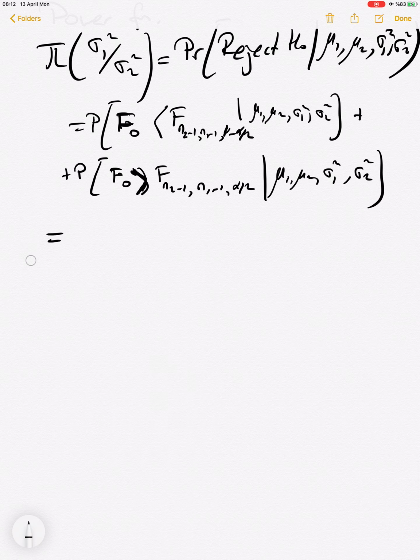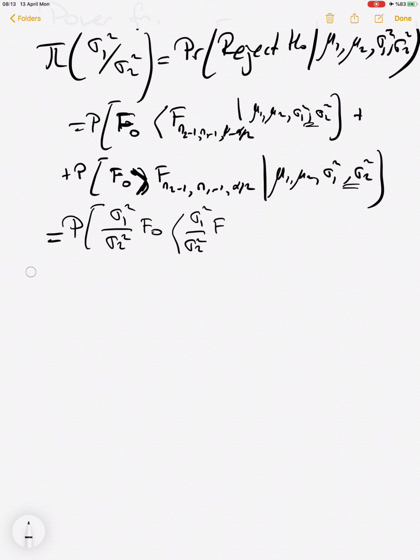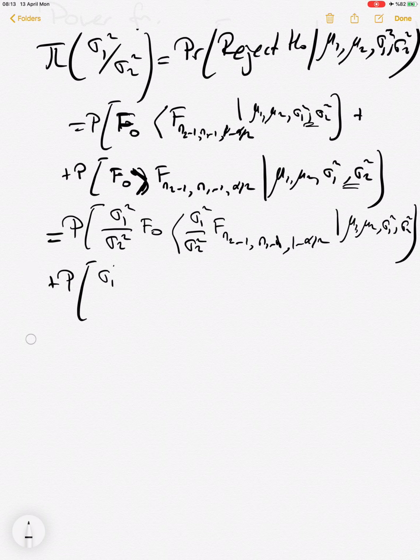Now what we have to do is write our true sigma values in the power function. So we have sigma 1 square over sigma 2 square times F0 less than sigma 1 square over sigma 2 square times the F value, given the parameters, plus the same thing now greater than.